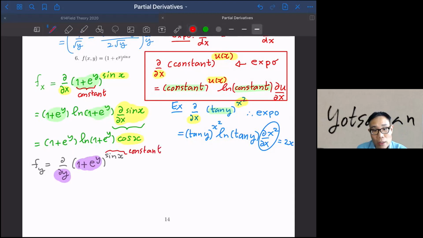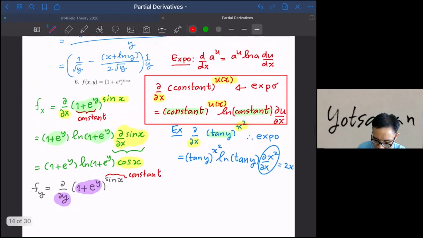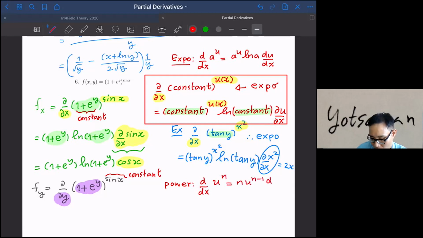Okay. So you see that this one looks like the formula of the power function, or the power rule, that we used to have in Calc 1. So when you have d/dx of u^n, it's going to be n u^(n-1) du/dx. This one is the power rule.